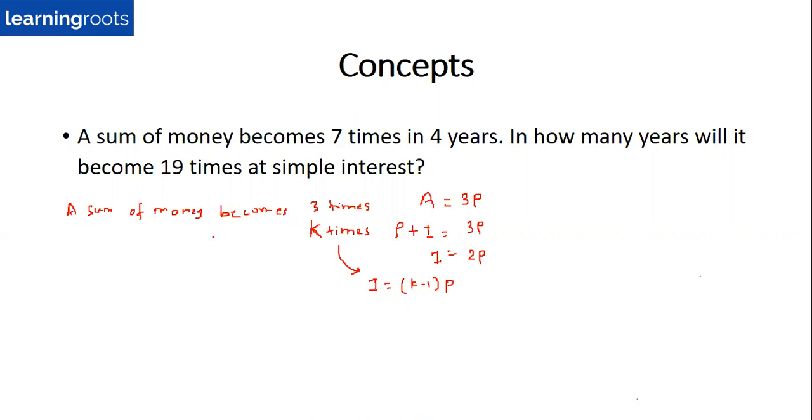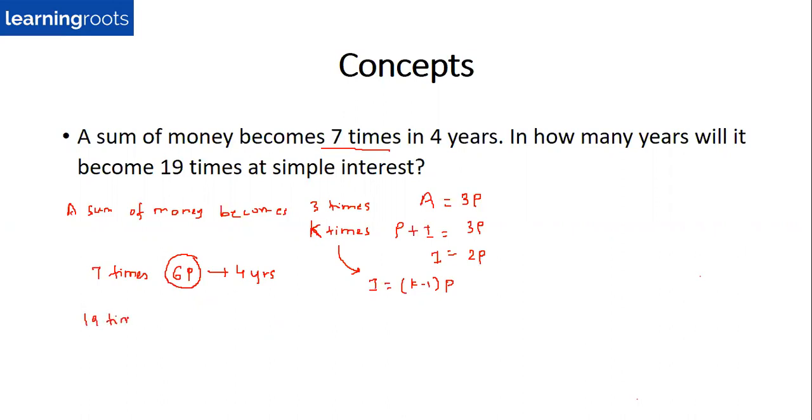Now, which brings us to this question, that a sum of money becomes 7 times. So for it to become 7 times, the interest has to be 6 times principal. And this is happening in 4 years. In how many years will it become 19 times?